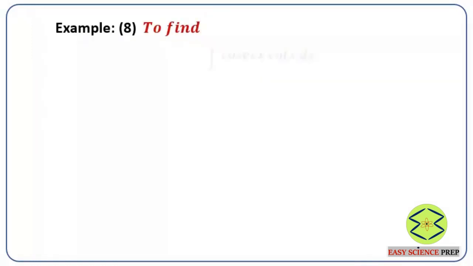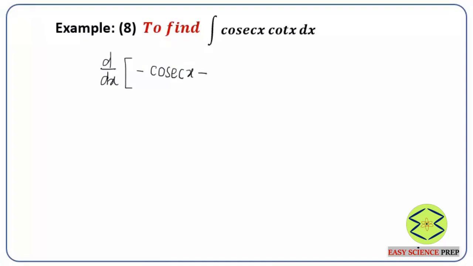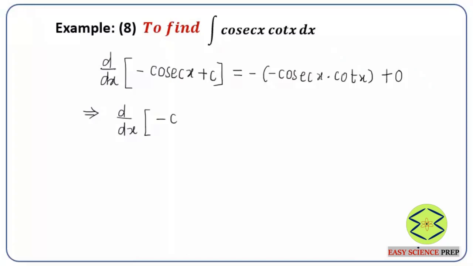So we can similarly do for cosecant x into cot x. So we know that the differentiation of minus cosecant x plus c is going to be minus, and the derivative of cosecant is nothing but minus cosecant into cot x, and the derivative of c is going to be 0 because of constant. So you'll be getting from here the derivative of minus cosecant x plus c equal to cosecant x times cot x.